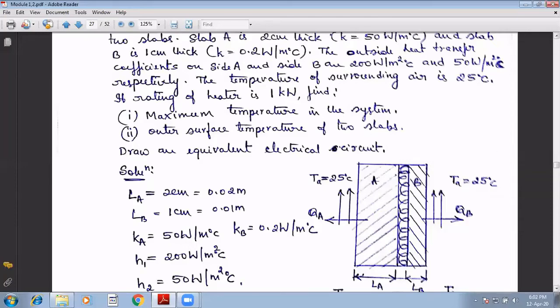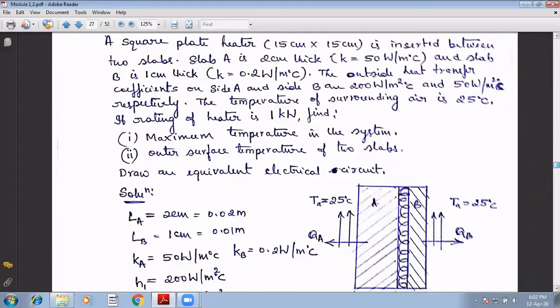Now we will understand the problem. What is given? You have a heater whose dimension is 15 centimeter by 15 centimeter. It is placed in between two slabs A and B. We will assume both the slabs have the same dimension as the heater, 15 by 15. This heater has a rating of 1 kilowatt.